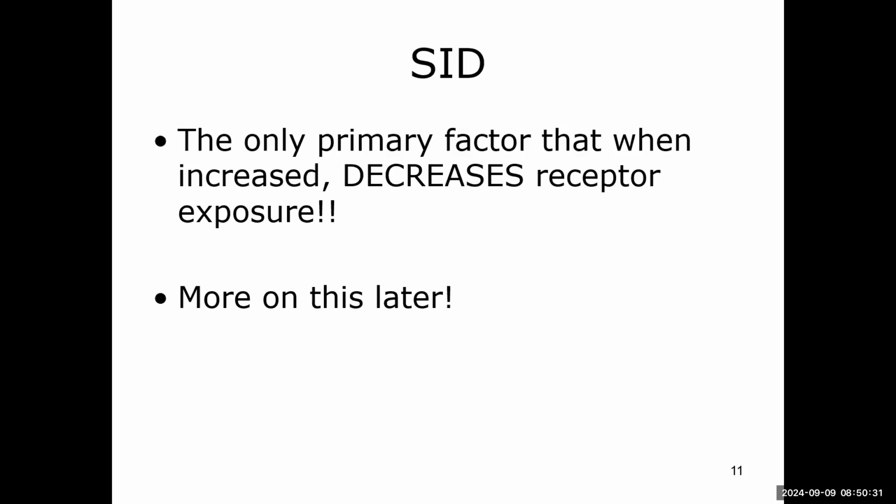If we increase the combination of those two with mAs, we increase receptor exposure. If we increase SID, it's going to decrease receptor exposure. And the reasoning of that we'll get into with the inverse square law. I'm not going to get too much into that, because again, this is just supposed to be an intro to these things. We're going to dive into these things really specifically in the next few weeks.